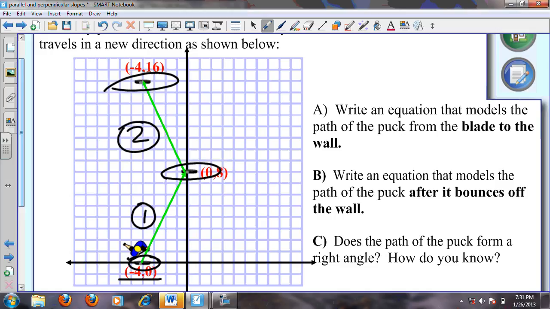When we're looking at perpendicular lines, we want to compare the slope. So we need to find the slope of line 1. How am I going to find the slope? Well, there's one of two ways I could do that.